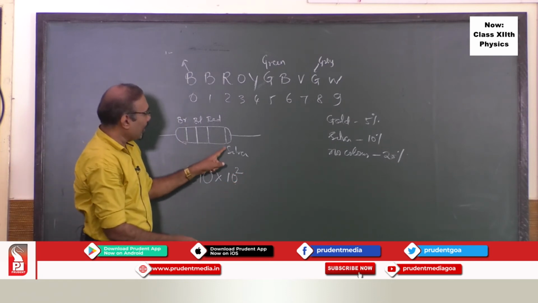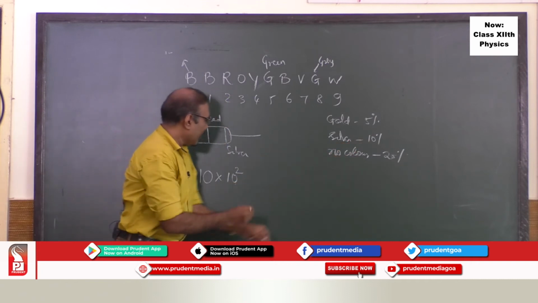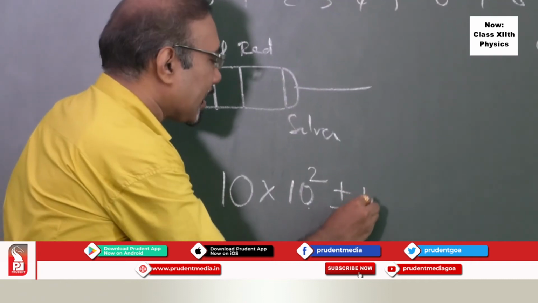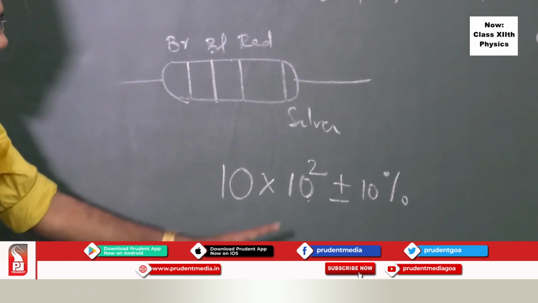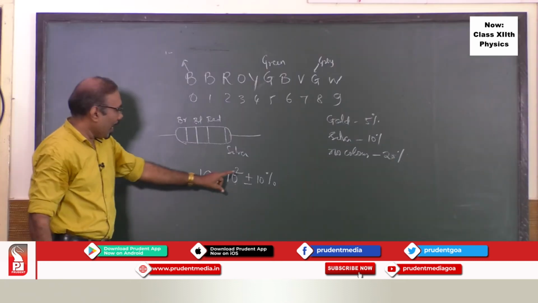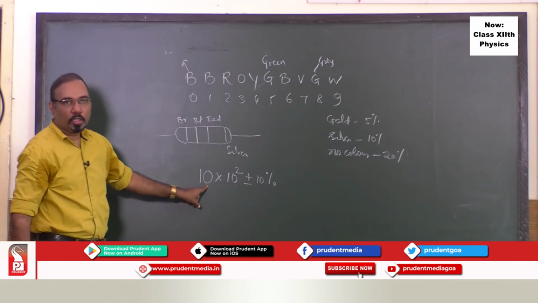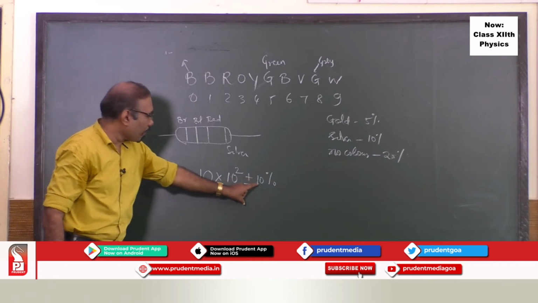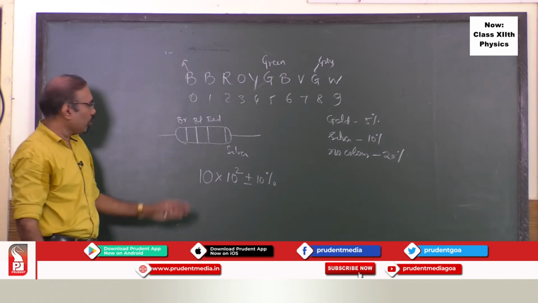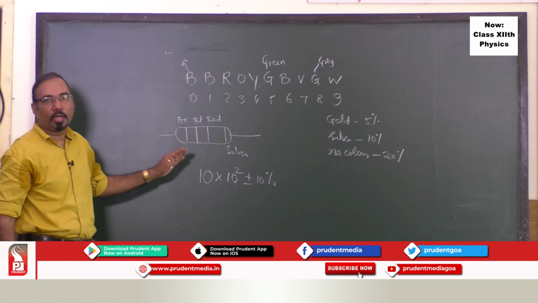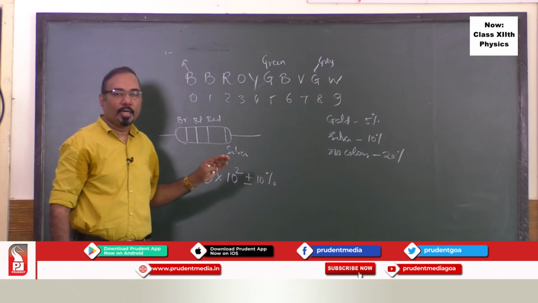And if the fourth color is silver, it is plus or minus 10%. We can find 10% of this value and add it to the value, and you get one value. If you subtract 10%, you get another value, so you get the range of resistance. This is the way one can calculate the value of the resistor.